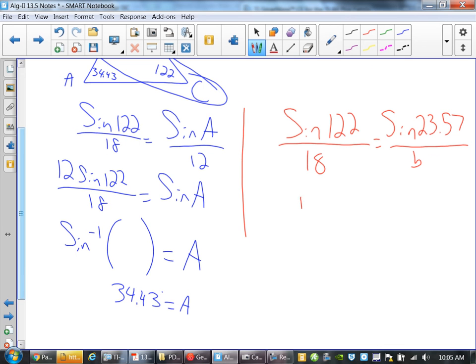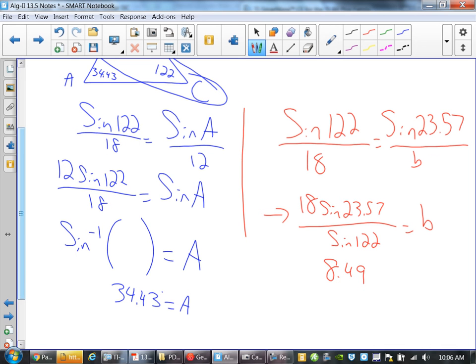So I'm going to get 18 sine 23.57 divided by the sine of 122 is B. And I just made a mistake here, and I'll show you what I did. I'm getting 8.49. Anybody else? Yeah.